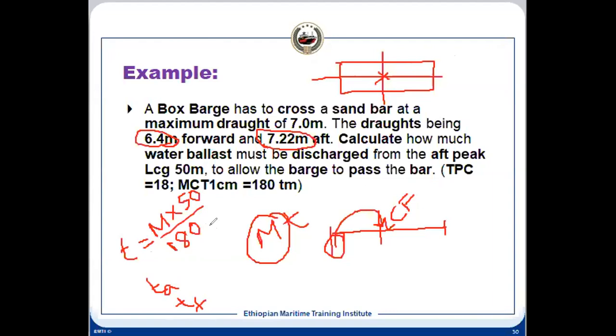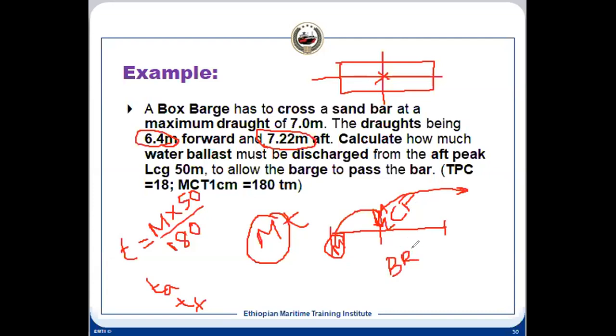And then this mass M, which was here, we shifted M here. Now we are removing M from the ship. Now what will happen? There will be bodily rise, BR.